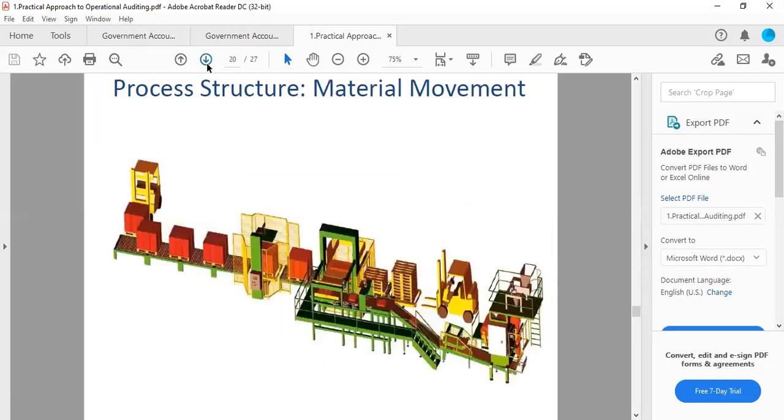Then we have here the process structure for material movement from one area to another in the operations of the business. This is really possible, because if we talk about manufacturing or production operations, then materials will have to move from one step or area of the process to another.